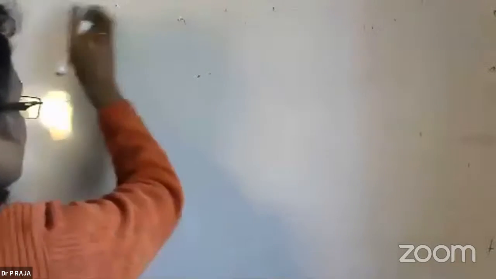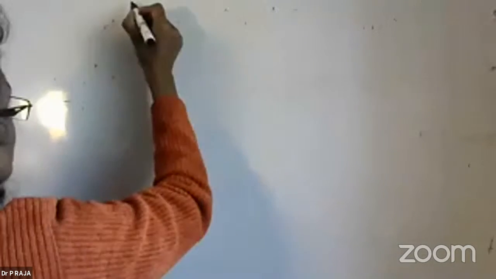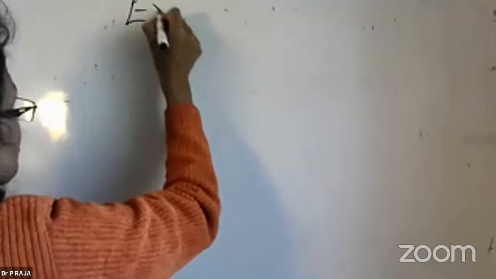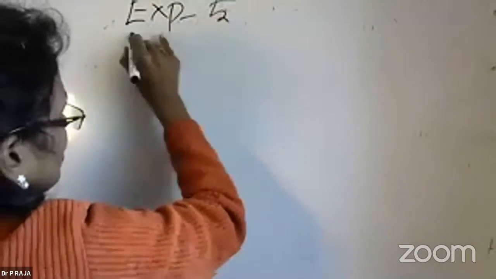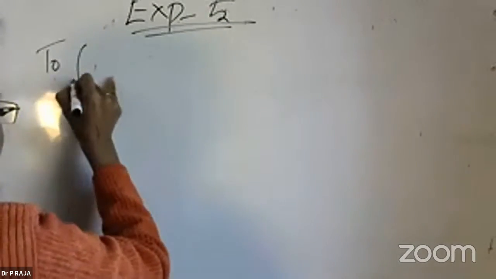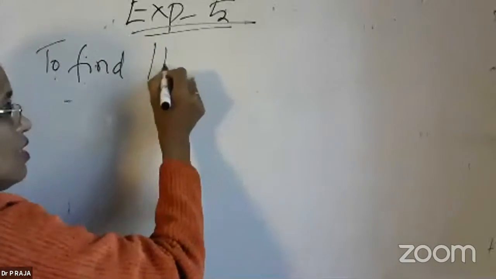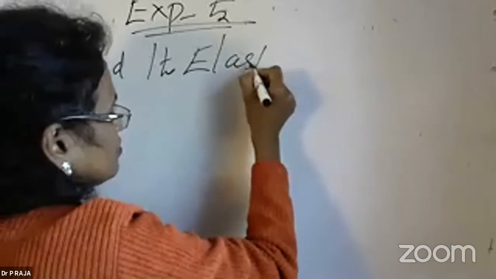Now, the last experiment here is to find the elastic constants. Okay. So the 5th experiment, that is experiment number 4. Now this is experiment number 5. The last experiment is to find the elastic constants.